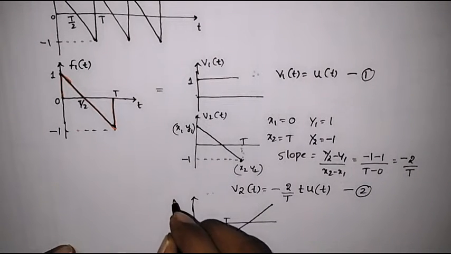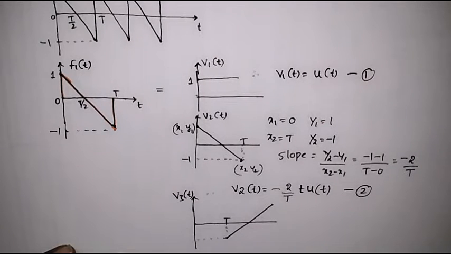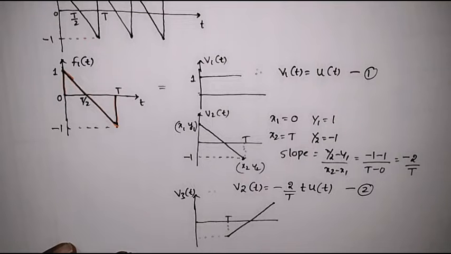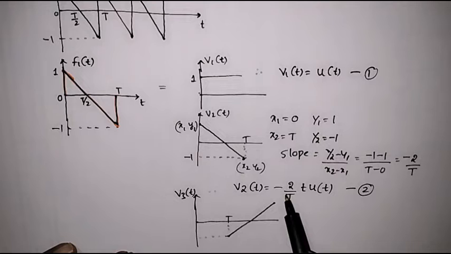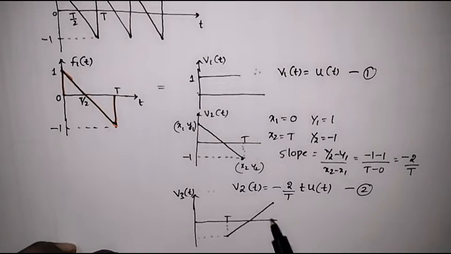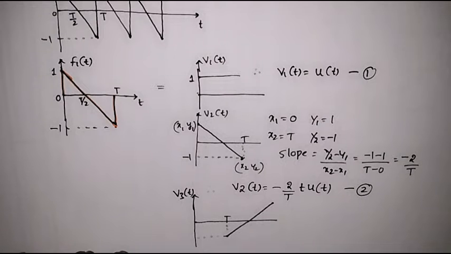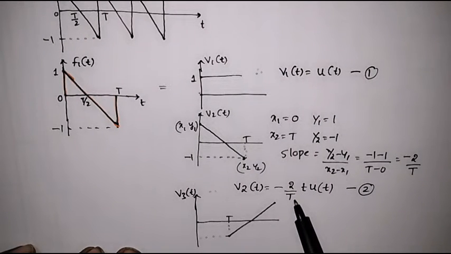I will call this signal v3 of t. It has the same slope, but now it is positive, so the slope is plus 2 by T, but it started at t equal to T. Therefore we can call it a shifted ramp signal.